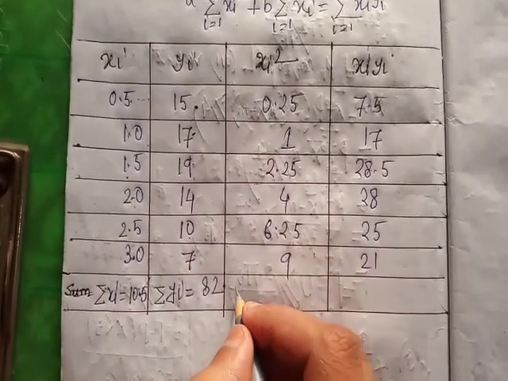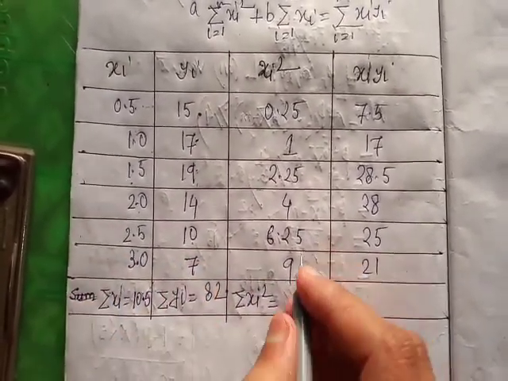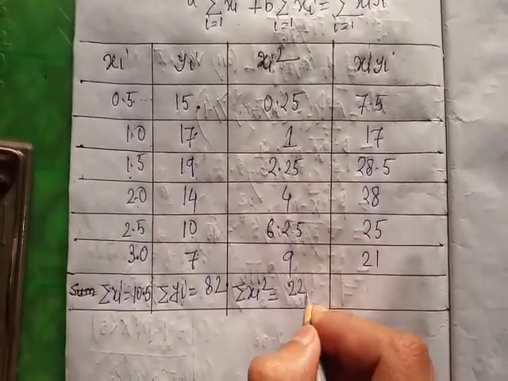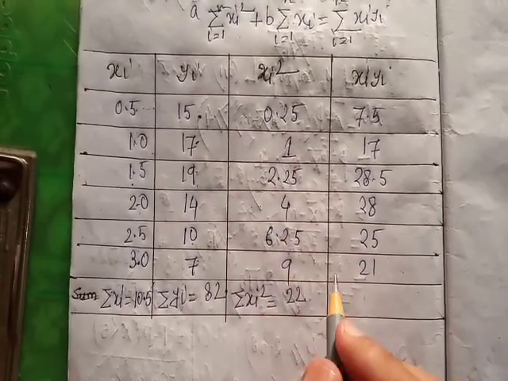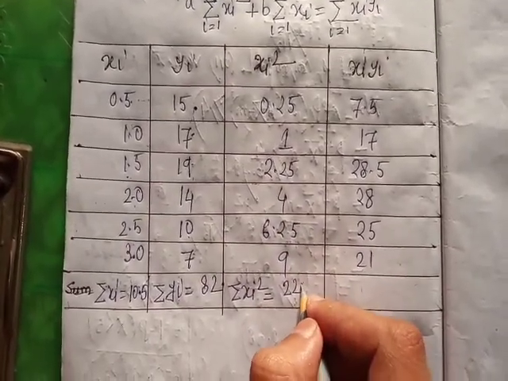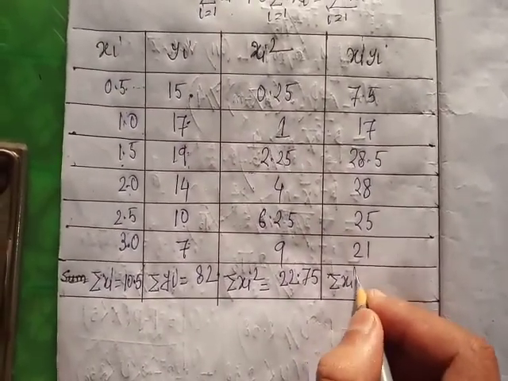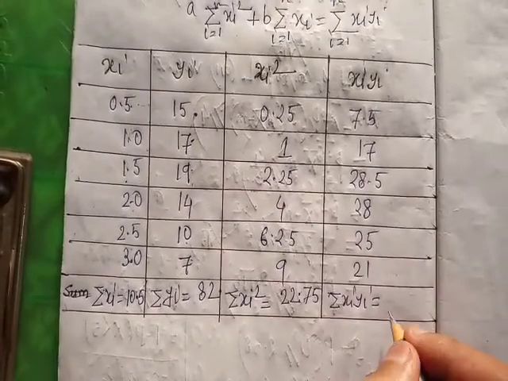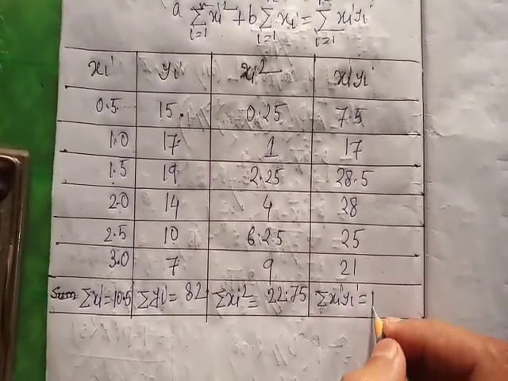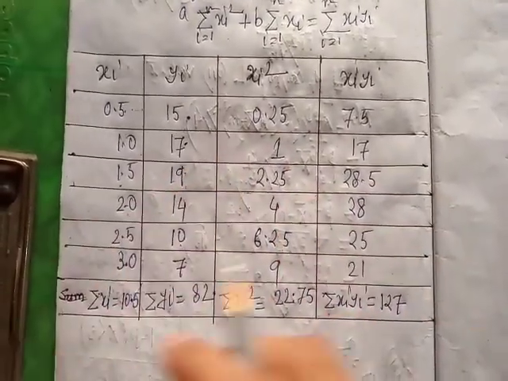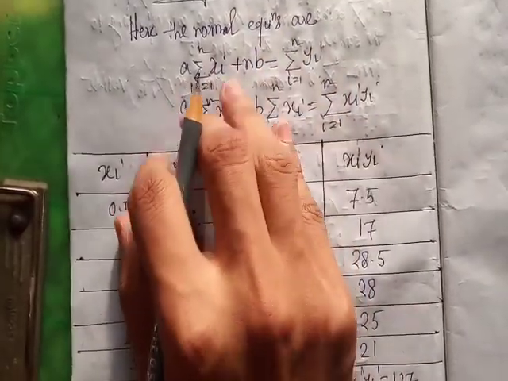Summation xi square equal to 0.25 plus 1 plus 2.25 plus 4 plus 6.25 plus 9 equal to 22.75. And summation xi yi equal to 127. Clear? Very simple.